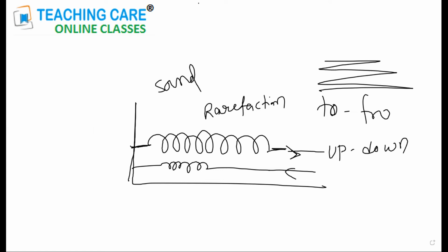Now the next subheading will be sound waves. First was waves on a spring. Next subheading: sound wave.